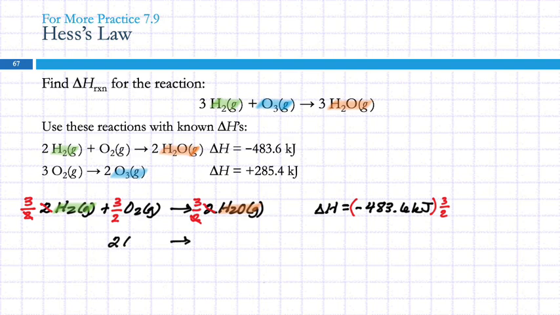So 2O3 makes 3O2. And I reversed the equation, so I changed the sign on delta H. Let's keep up with our highlights here.